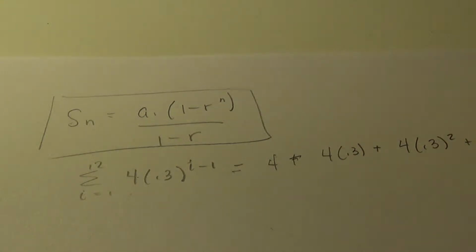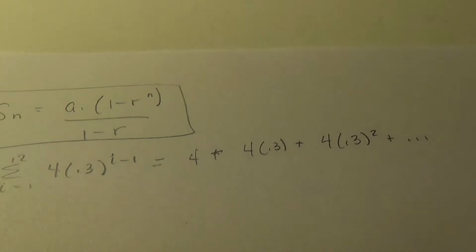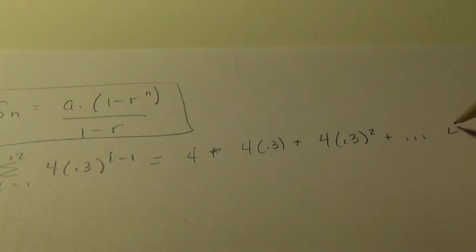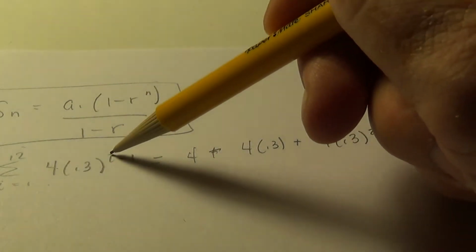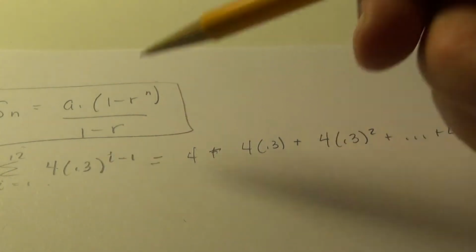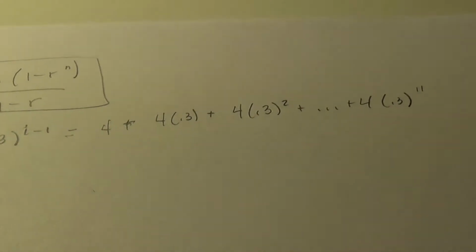It's going to continue that way until we get to 4 times 0.3 to the, when we put in that last term, notice when we put in a 12 here, we get 12 minus 1. So the last term is going to have an exponent of 11 there.